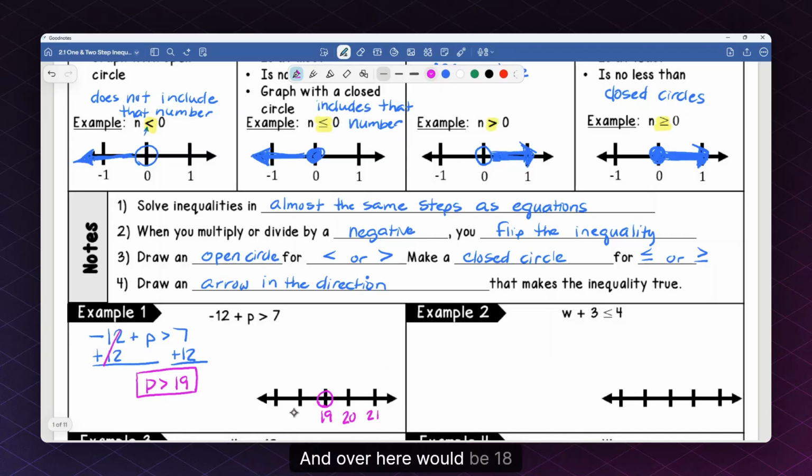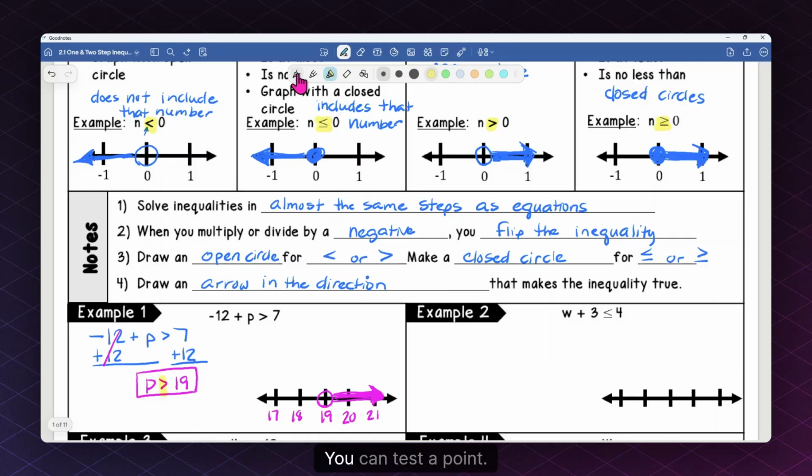And over here would be 18 and 17. And then we're looking for everything that is greater than 19. So we can go this way. Everything that's greater than 19 is going to be in this direction.